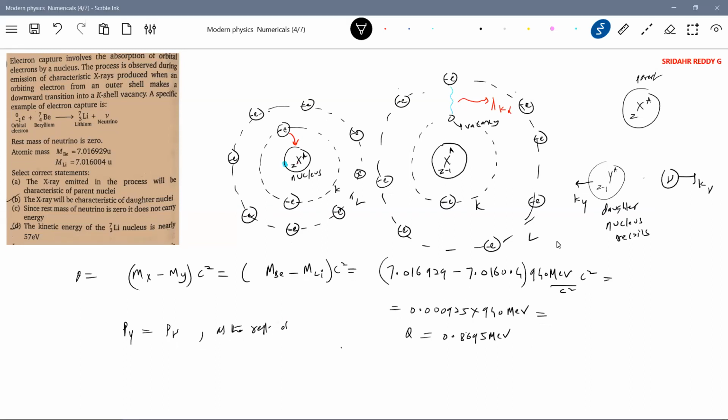The rest mass of the neutrino is 0, so almost all the energy is carried by the neutrino only.